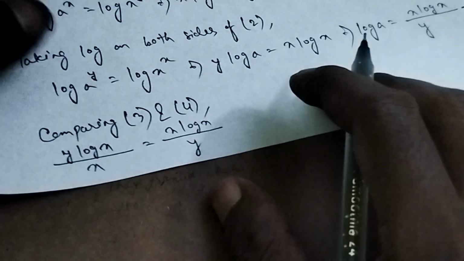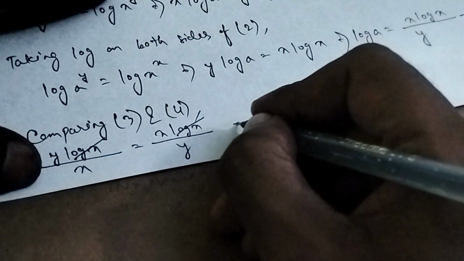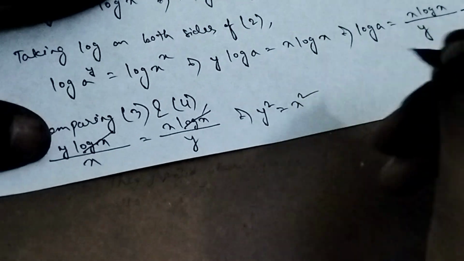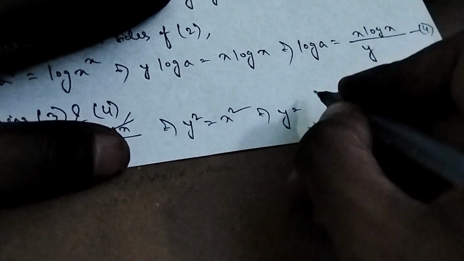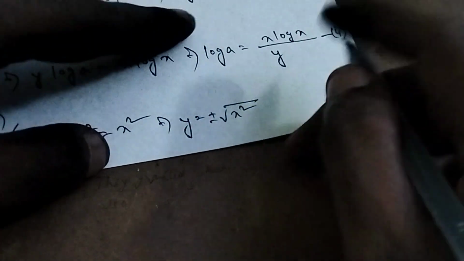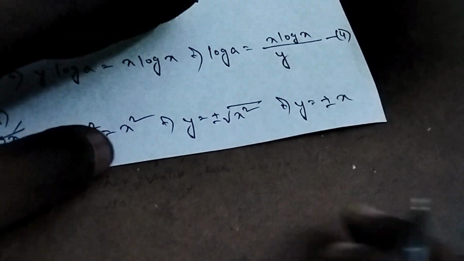Log x will cancel each other, so it will be y into y, y square is equal to x square. So y will be plus minus square root of x square.